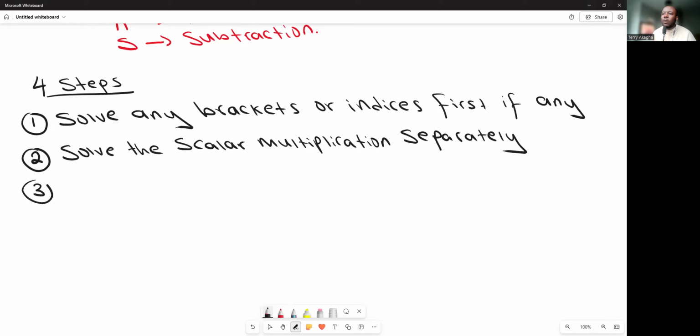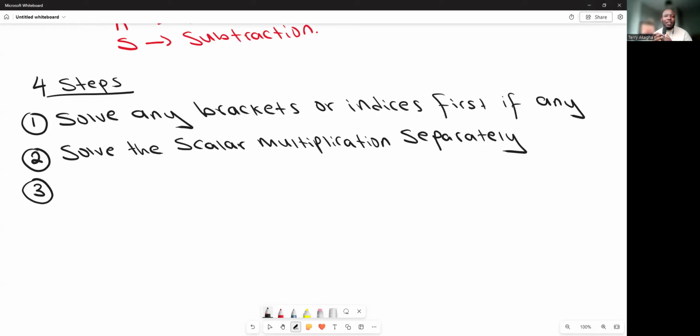Now, when you're done with that, the next thing you have to do is follow division, if there is, but because we're not talking about division here, it's not really necessary, okay? But you can then go and do the addition and subtraction at the same time. So if you have a question that has addition and subtraction, you can do the addition, then you do the subtraction.